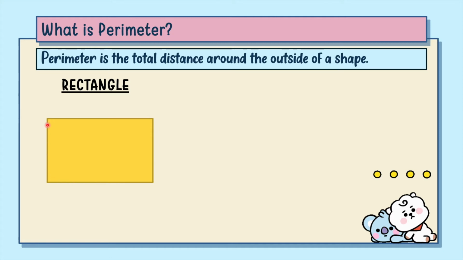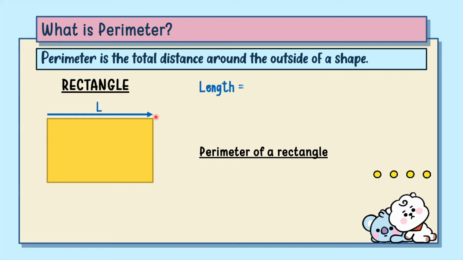Okay? So first thing, perimeter of a rectangle. So I start from here, going to the distance at the end here. So here I can name it as L. L means length. Then I'll move downwards, which I will call them as B. B means breadth. So L plus B. Okay, so why do I plus them?